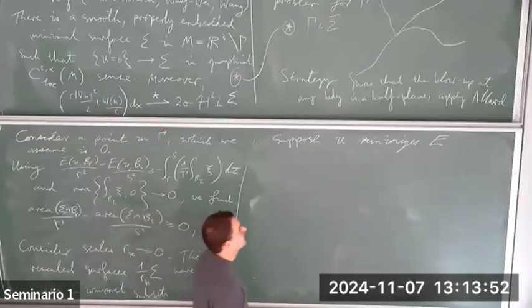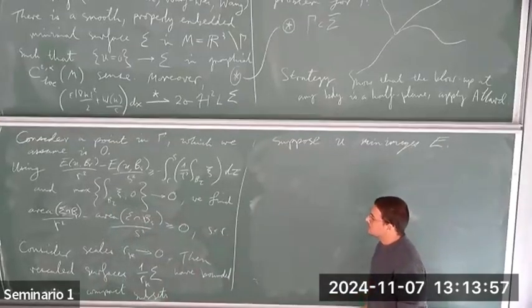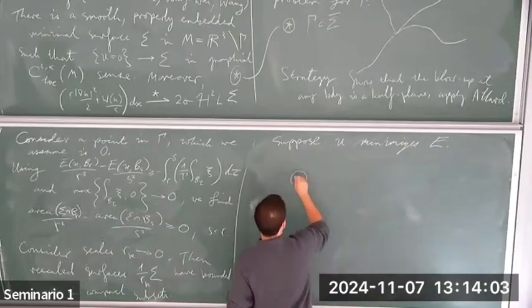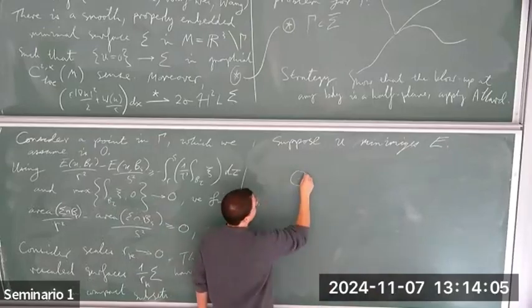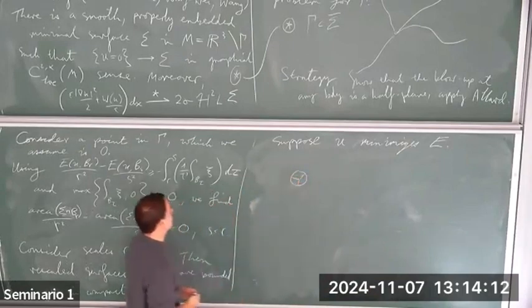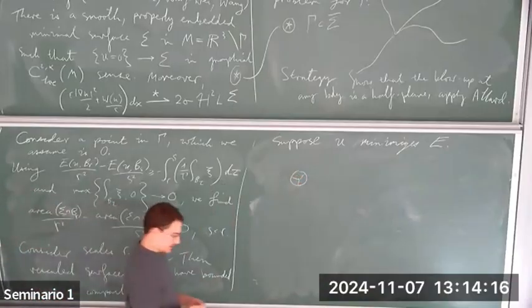A nice way to do this is to observe that, let me draw a picture. We have some small ball, sigma maybe looks something like this, and it's obtained as a limit of nodal sets of Allen-Cahn sections.